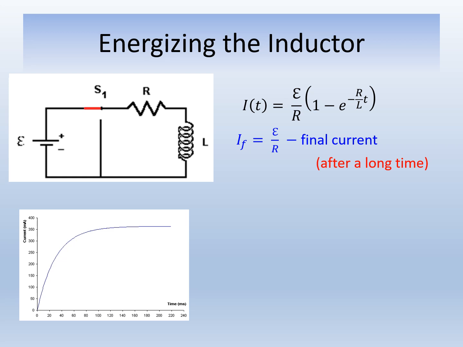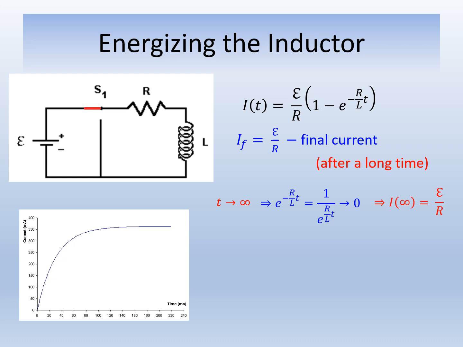At the beginning, the inductor completely stopped the current sent by the battery, and little by little this current increases because the opposition from the inductor decreases, and after some time the inductor stops resisting and the current in the circuit becomes stable. And this can be modeled using the equation we see here. I at any given time equals the battery potential difference divided by R times 1 minus e to the minus R over L times t.